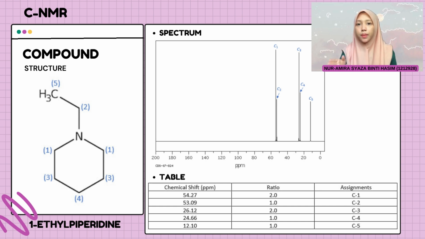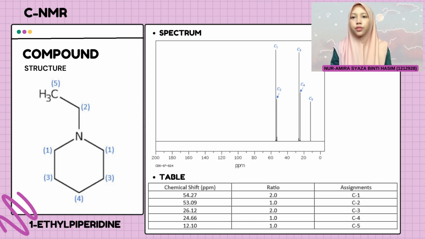So between carbon 1 and carbon 2, carbon 1 will have the higher chemical shift compared to carbon 2, even though they have the same functional group. Therefore, carbon 1 will be the one at 54.27 ppm and carbon 2 is going to have the signal at 53.09 ppm. Basically, they are shifted slightly downfield compared to the alkane carbons due to the electron withdrawing effect of nitrogen, again causing deshielding.